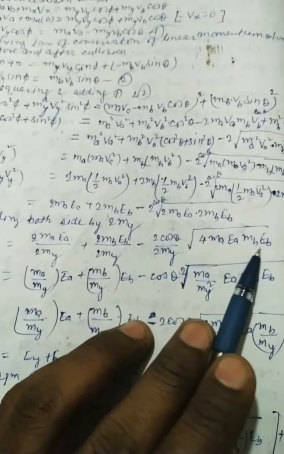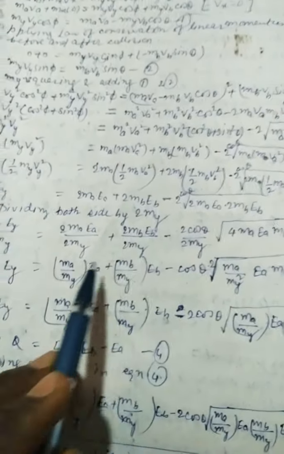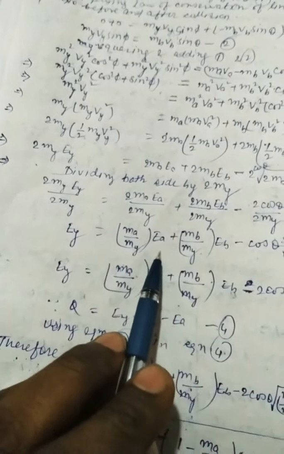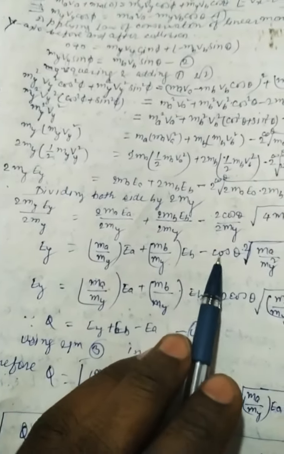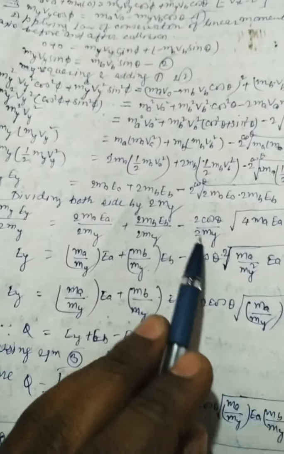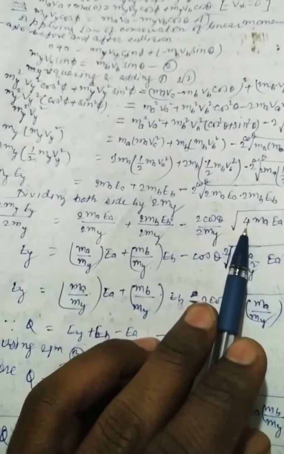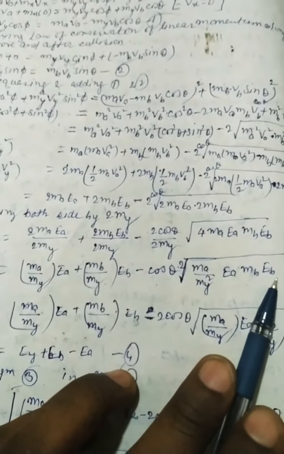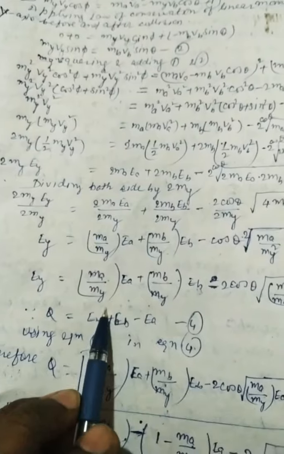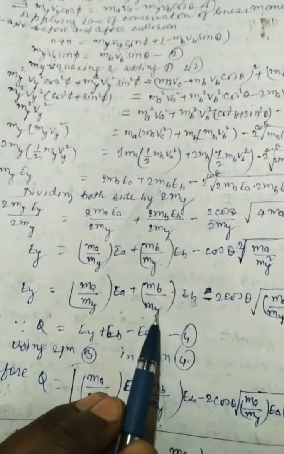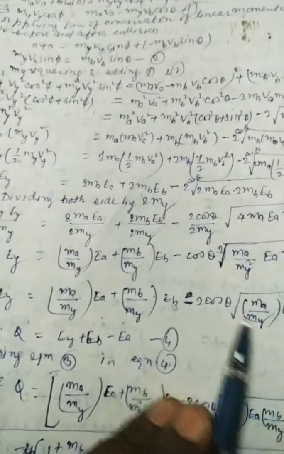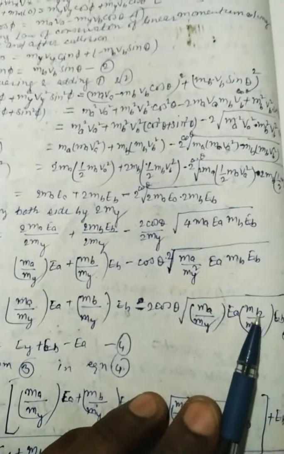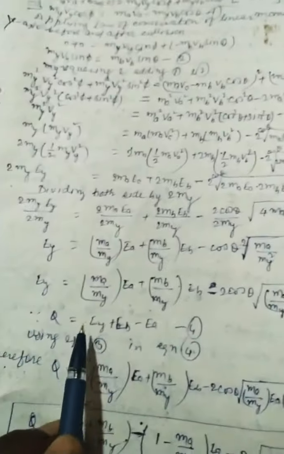After dividing, we get EY equals MA by MY times EA plus MB by MY times EB minus 2 cos theta times the square root of MA by MY EA times MB by MY EB. This is equation 3.